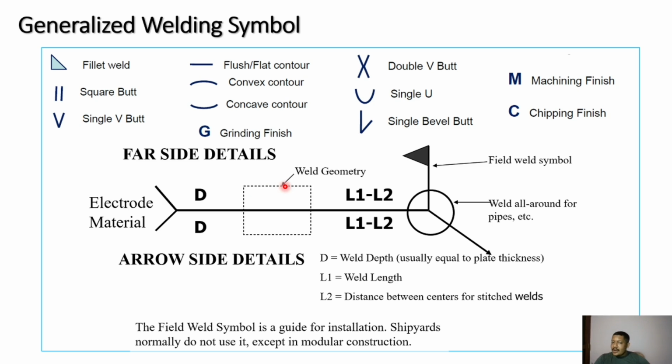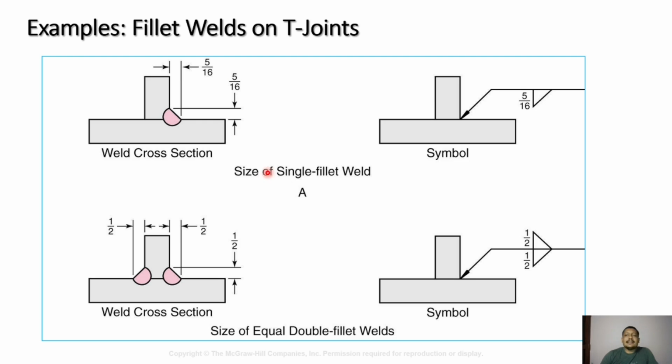So all this information you have to extract from the drawings, so that you will be able to produce a good weld, a good weld without any defects. For example, you can see this is a weld cross section.